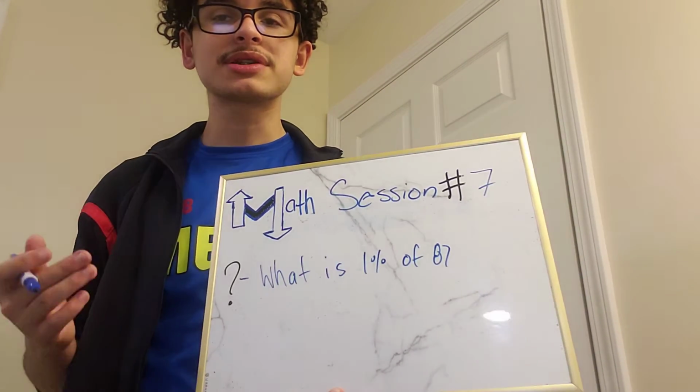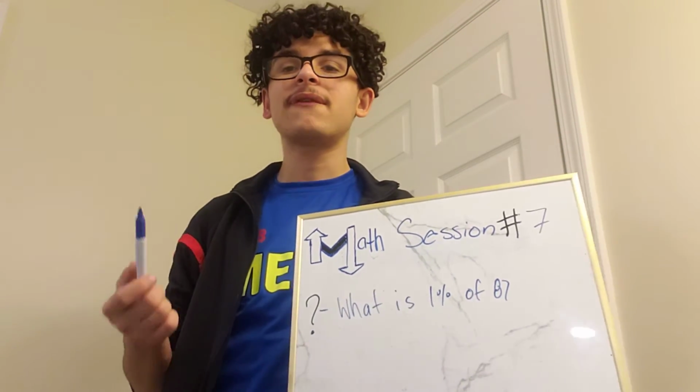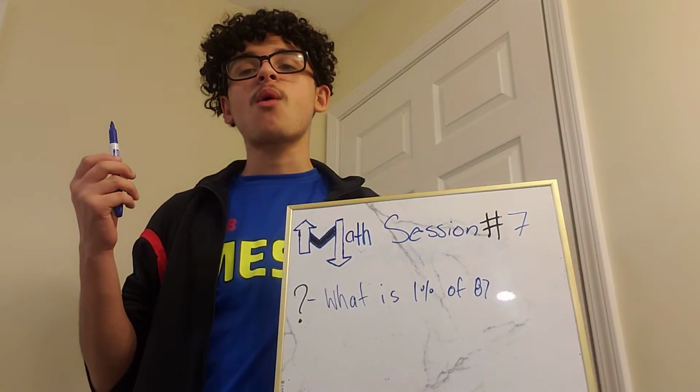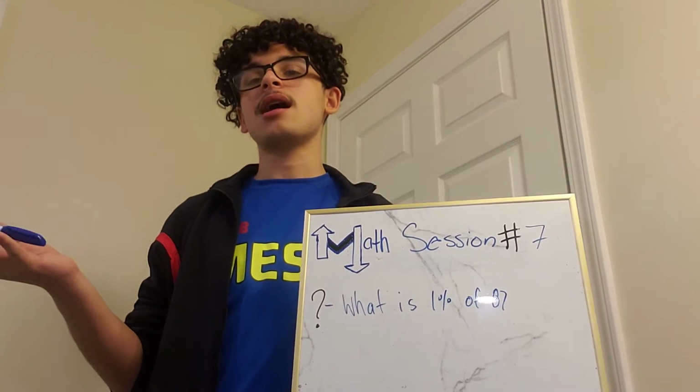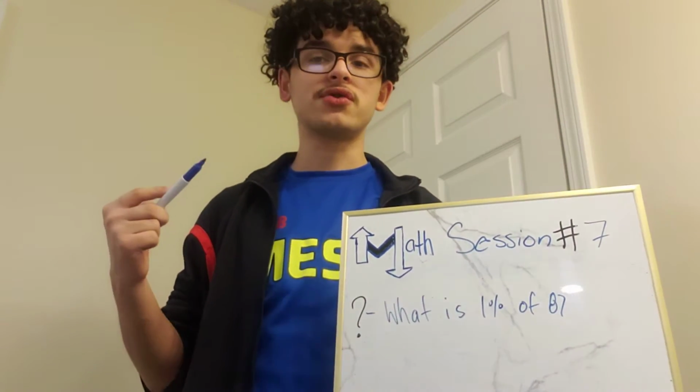So let's clear our board, as I'm going to explain. We write down, what is 1% of 87? With this, we can find the concept of what a percent is. A percent is something over 100.